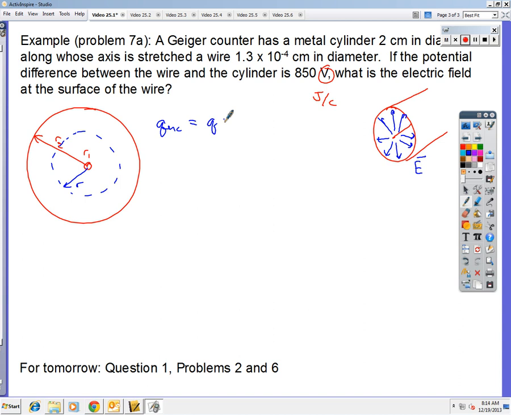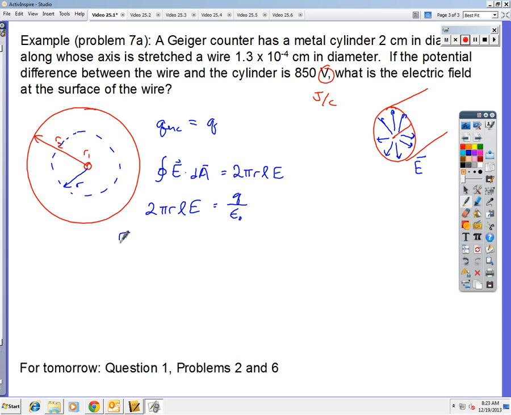And the flux through the surface of the cylinder, E dot dA, is equal to the surface area, 2 pi RL, times the electric field. Now what Gauss's law says is that the flux through the loop is equal to Q over epsilon 0.